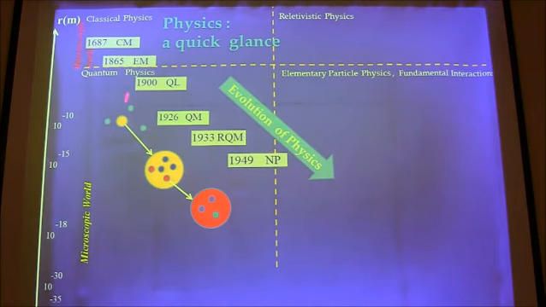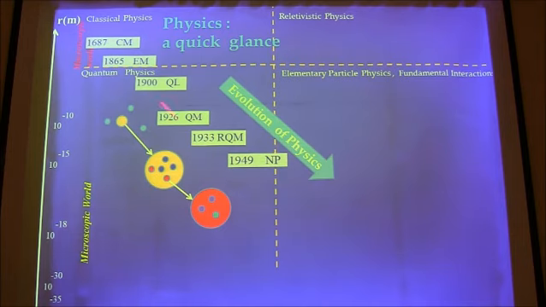So what you can see here, we have the electrons up here, which are elementary, meaning they are not made of anything else. We have quarks inside protons, inside the nucleus, that are elementary. And therefore, in order to understand the physics of this, the physics evolved in that direction. Now, why diagonal?